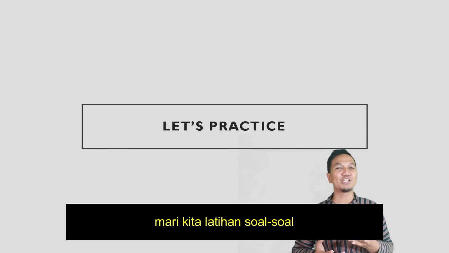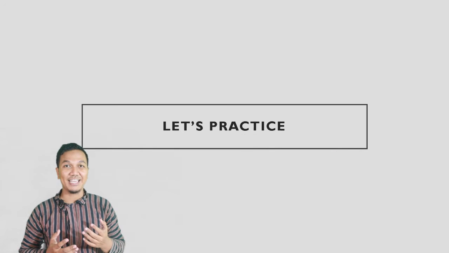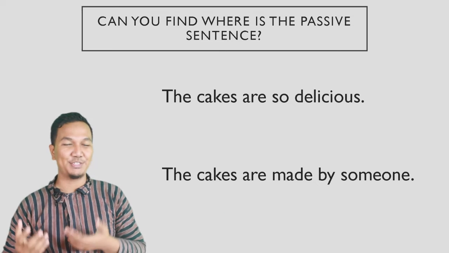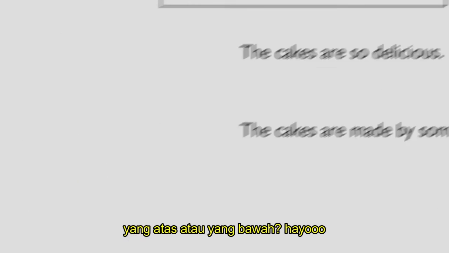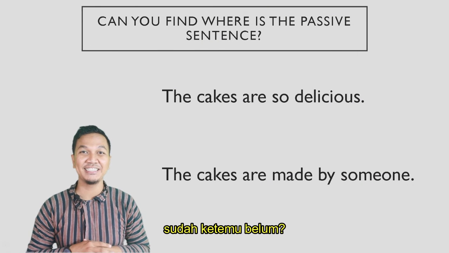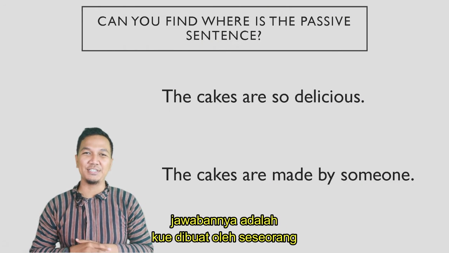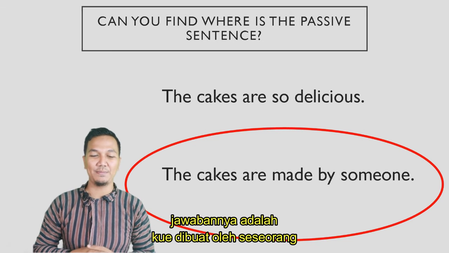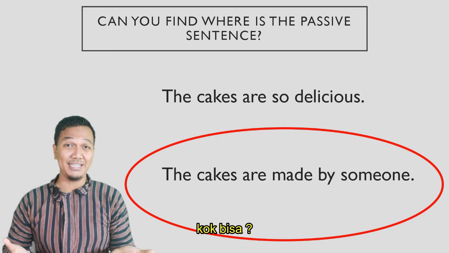Now, let's have some practices. Guys, can you find where is the passive sentence? This one or this one? Have you found it? The correct answer is the cakes are made by someone. Because what?